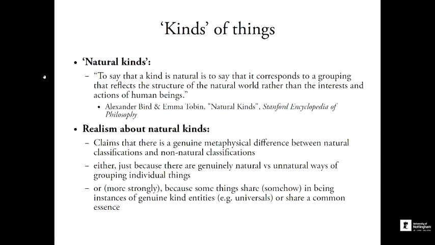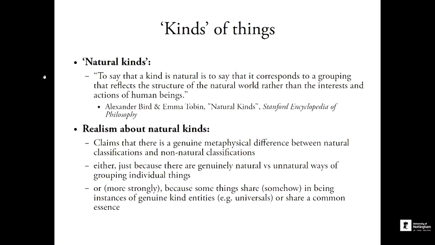Realism about natural kinds claims that there is a genuine metaphysical difference between natural classifications and non-natural classifications. So, between the classification of those objects as silver things and the classification of those objects as objects that Joseph has chosen as examples for his slide in 2019.